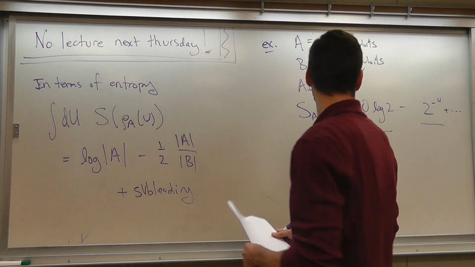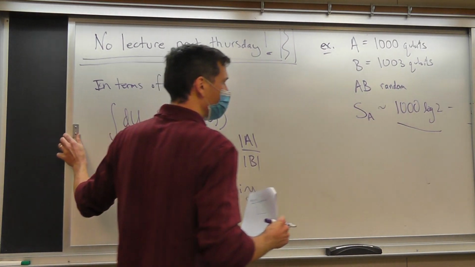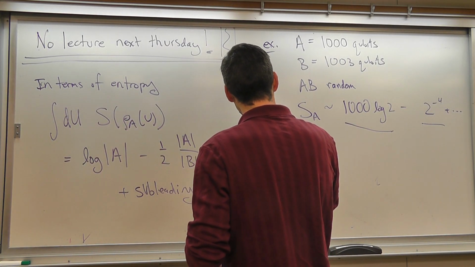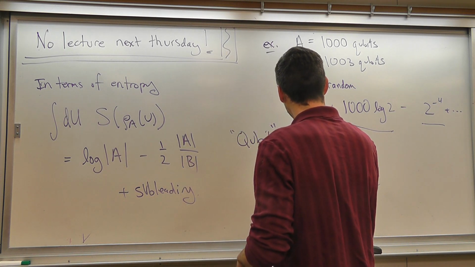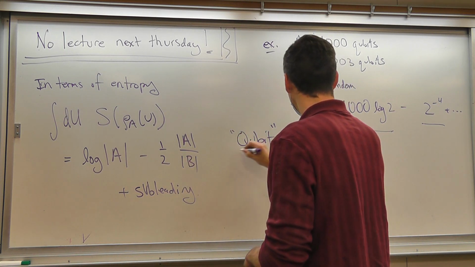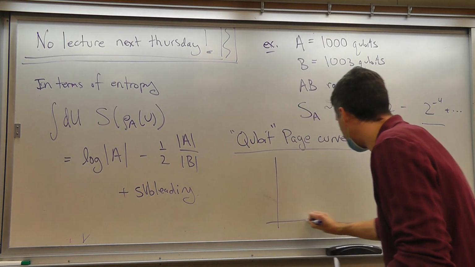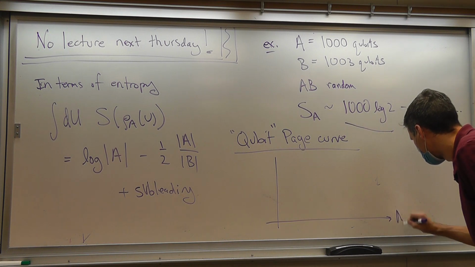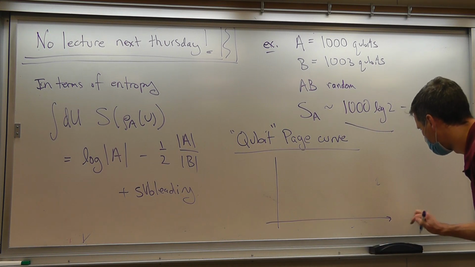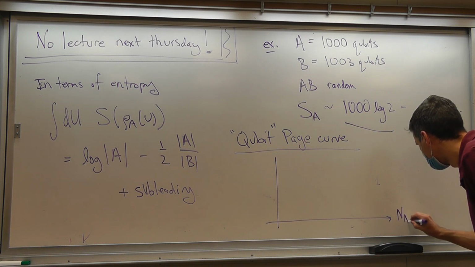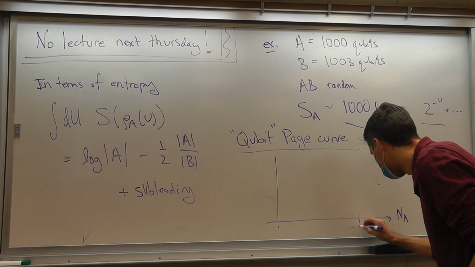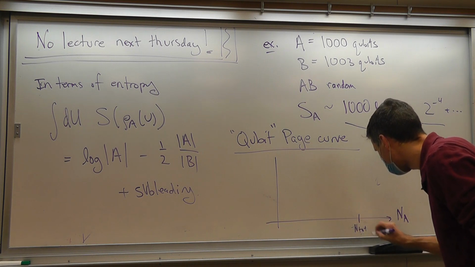Okay, so that's the origin of this spiky curve. Let me write it again. So now I can write a formula. The qubit Page curve as a function of the number of qubits in part A. Let's put the number of total qubits here.